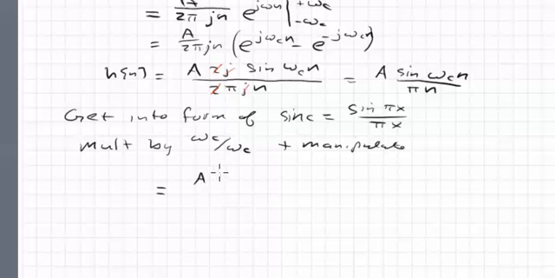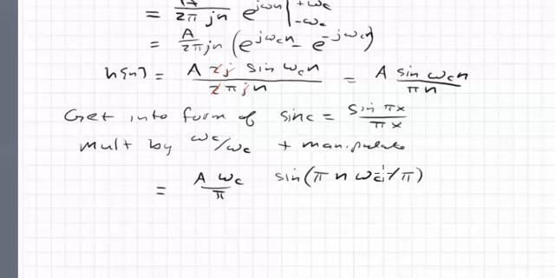We get a omega c over pi and sine pi. You notice I need a pi here, but there's no pi in the thing I'm working with. So I can put a pi in omega c, as long as I divide pi out.